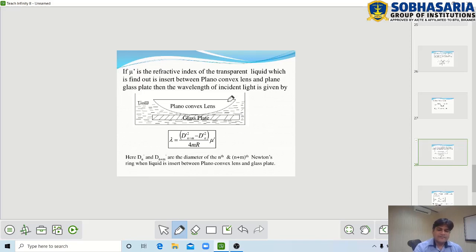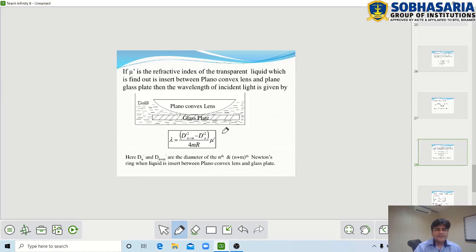If mu dash is the refractive index of the transparent liquid inserted between the plano convex lens and the plain glass plate, then the wavelength of the incident light is given by lambda equal to D dash n plus m square minus D dash n square upon 4 m R into mu dash.